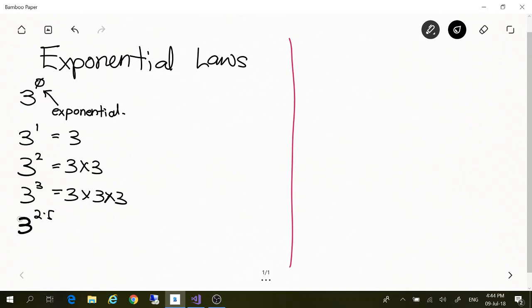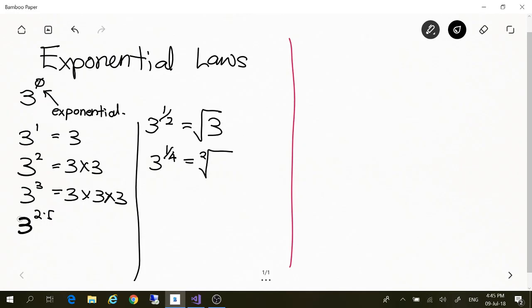In fact, it's quite easy for us if we understand it in this manner. Say 3 to the power of half simply means square root of 3. 3 to the power of 1 quarter simply means the fourth root of 3. That's what it means under the exponential in this case.